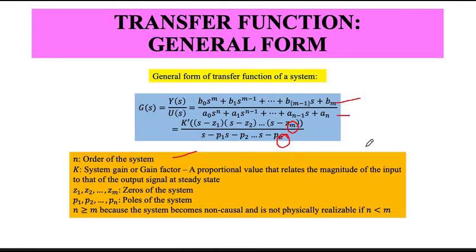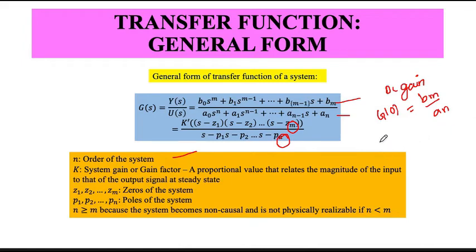Something is called the DC gain, which is essentially what happens if I just supply a DC input. This gain will be obtained by substituting s with 0, and in this case it would be Bm by An.